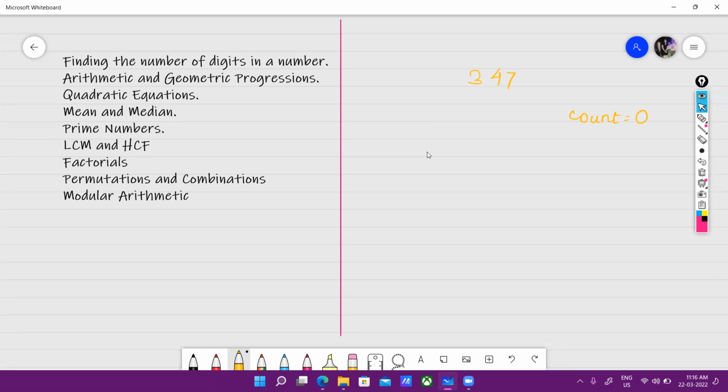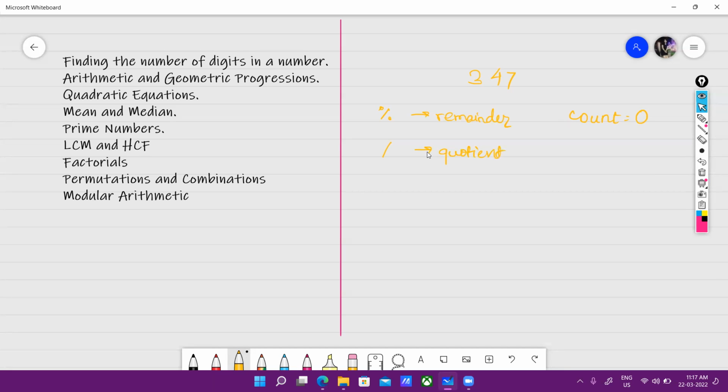Now there is a function called modulo. What is the difference between modulo and divide? Modulo presents the remainder, and divide gives out the quotient.